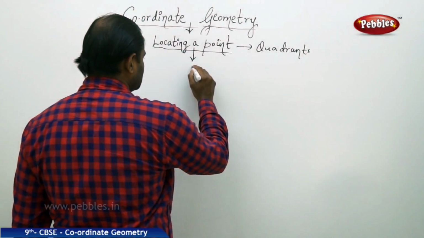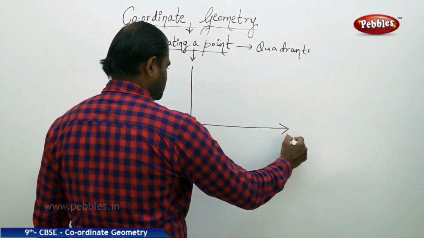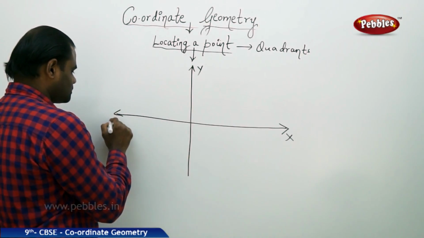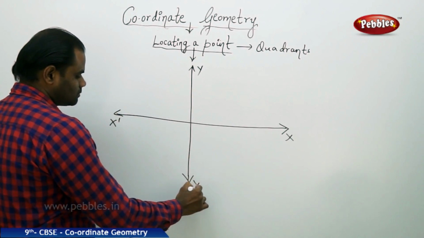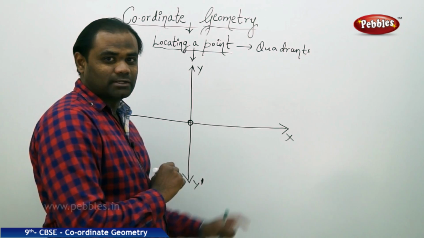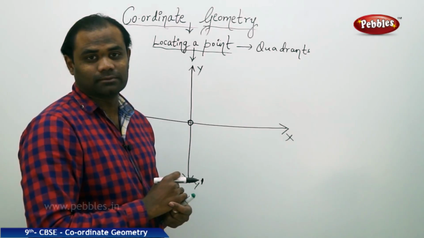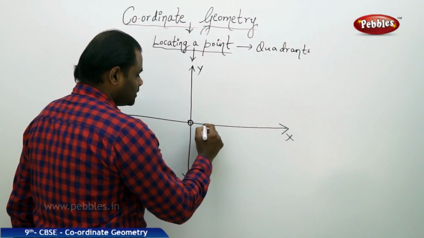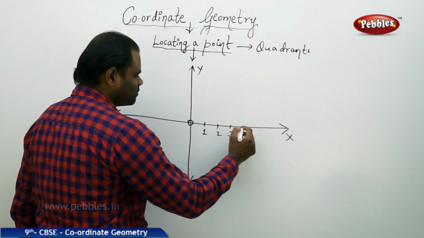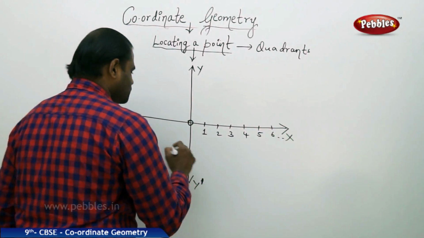Now when it comes to the x and y axis, let's try to locate some points on the x and y axis, positively and negatively, on either side of the origin. So here I have the positive x values as discussed, and let's locate them with 0, 1, 2, 3, 4, 5, 6 and so on.